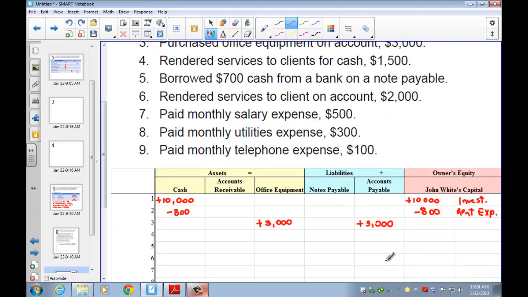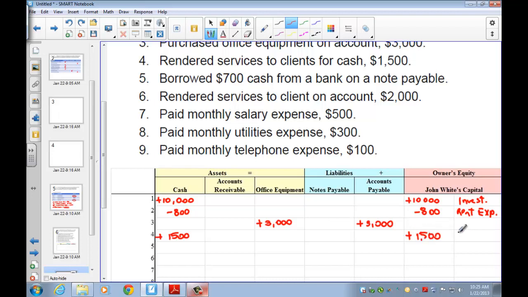Number 4, he rendered services to clients for cash for a total of $1,500. Since it was for cash, he increases his cash by $1,500 and he also increases his capital by $1,500.